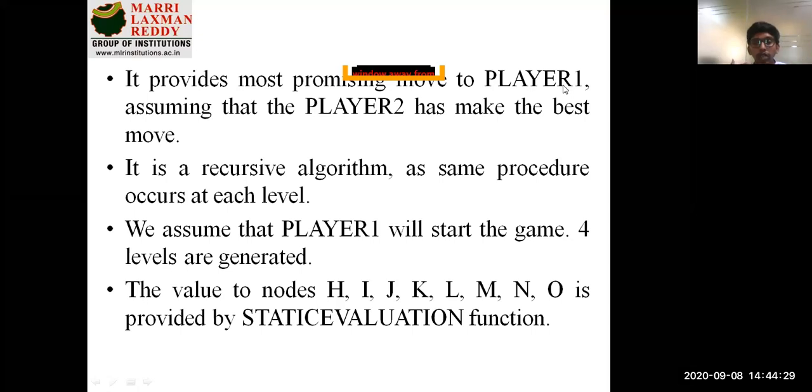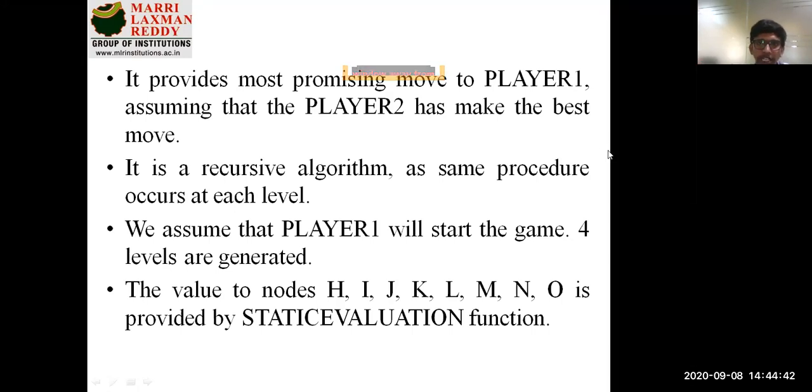That's how the game goes on, and at the end, one of them will be either the winner or the loser. So it is a recursive algorithm, as the same procedure occurs at each level. There is no change at each level, because the procedure is not going to change here.